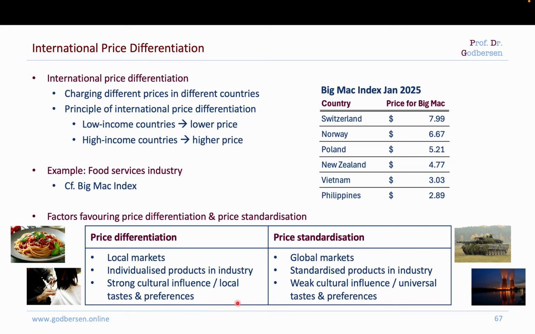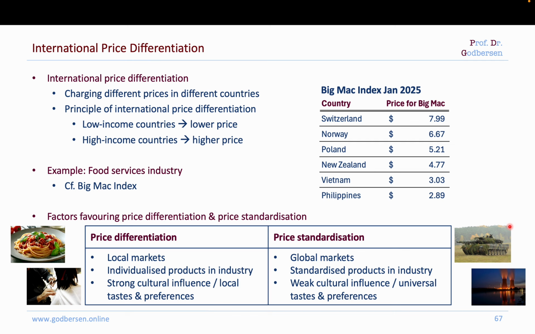Price standardization. We won't have much of a chance and have a standardized price globally if it's a global market and there's standardized products and the cultural influence is weak. For instance, arms. It's very much standardized.